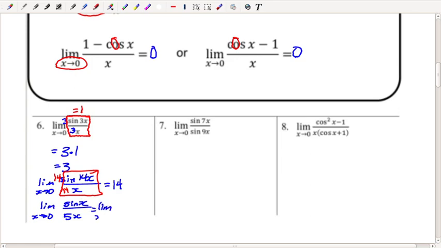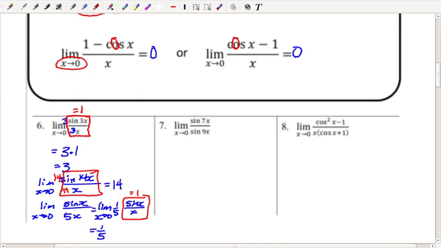So I got limit x goes to 0 of 1/5 sine x over x. And this is just going to be, well, the sine x over x, this part is equal to 1. And then I just have 1/5 times 1 is 1/5.